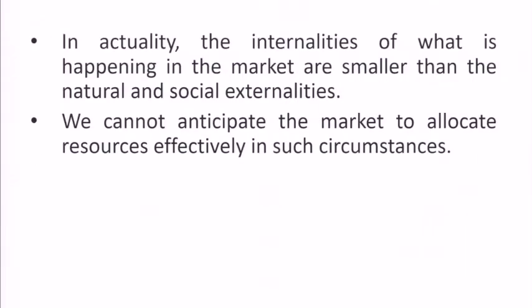In actuality, the internalities of what is happening in the market are smaller than the natural and social externalities. We cannot anticipate the market to allocate the resources effectively when there is a dispute.